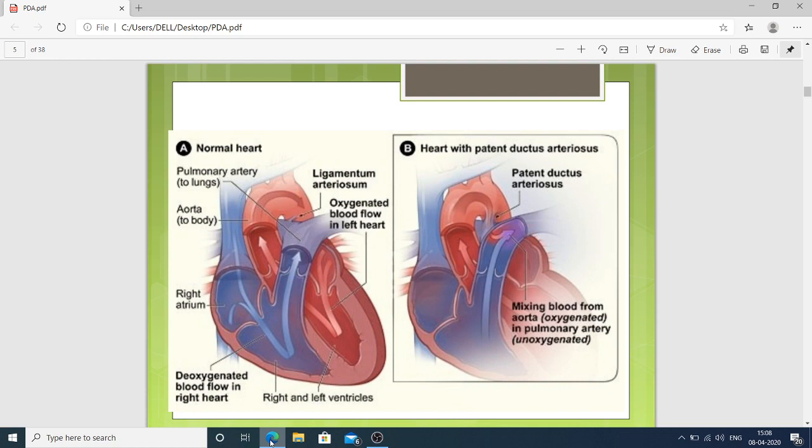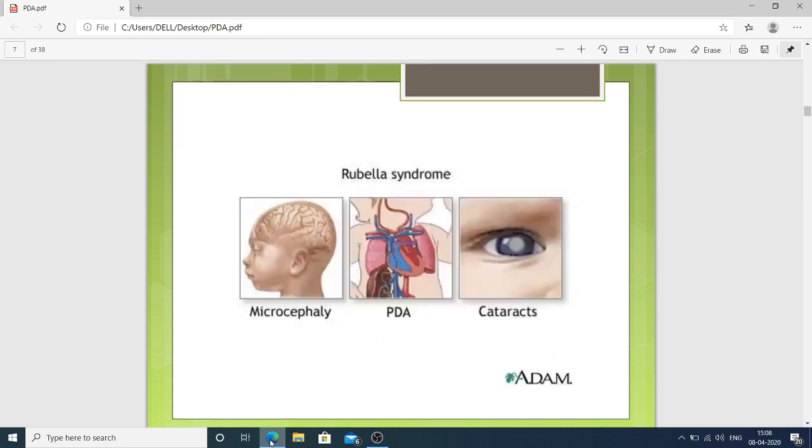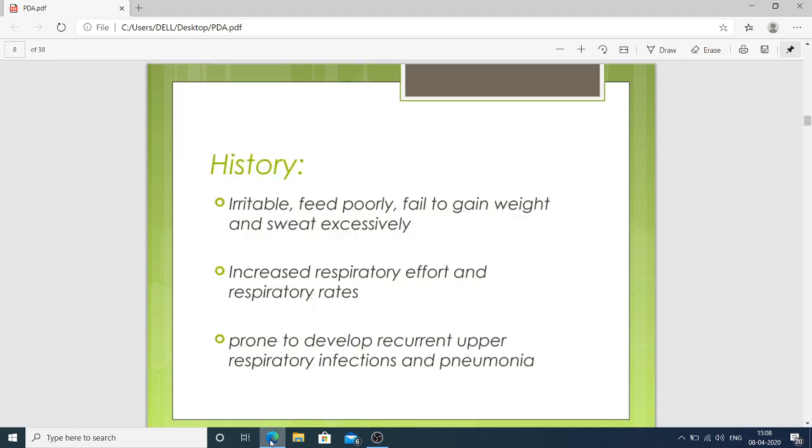Here the pressure in the pulmonary artery increases and the lungs are also overloaded. This is the exact positioning of the patent ductus arteriosus, which is normal in fetal circulation but abnormal after the birth of the baby. Okay. Then the next is history.